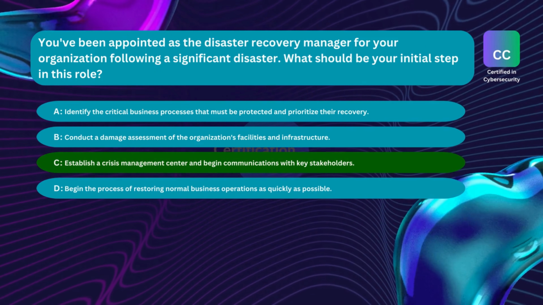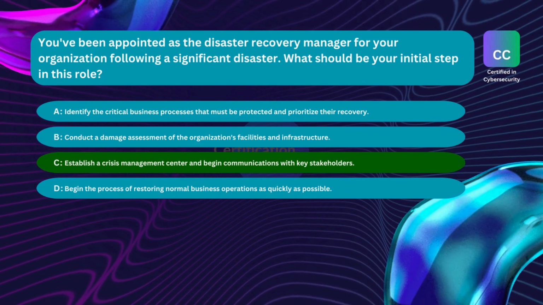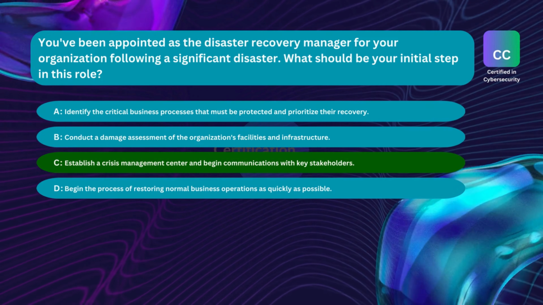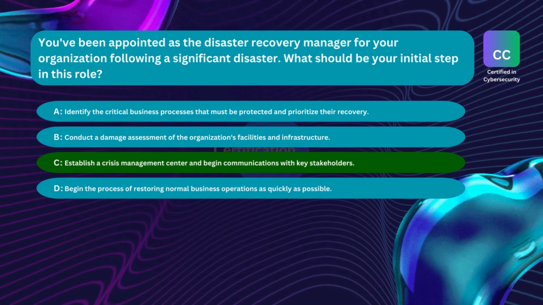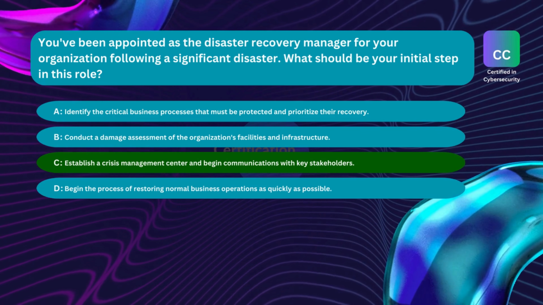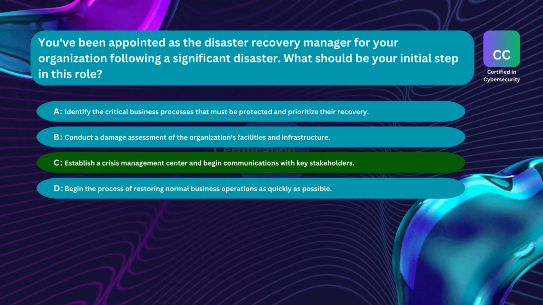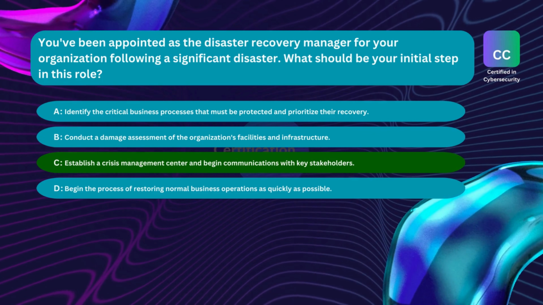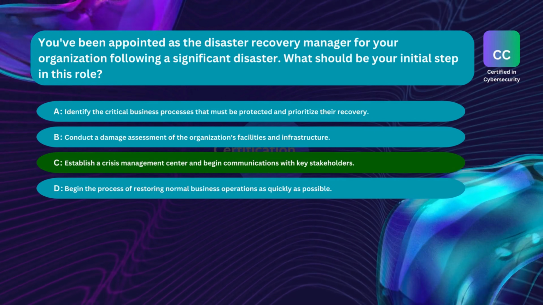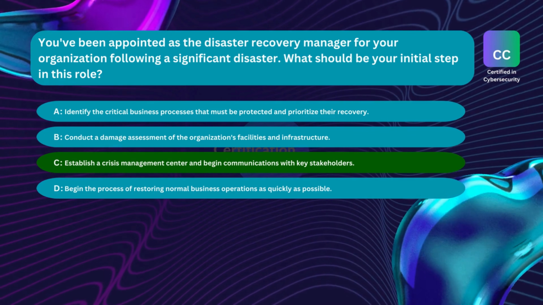The correct answer is Option C, establish a crisis management center and begin communications with key stakeholders. The first step in the role of disaster recovery manager is to establish a crisis management center, which will serve as the central hub for coordinating and communicating the disaster recovery efforts.